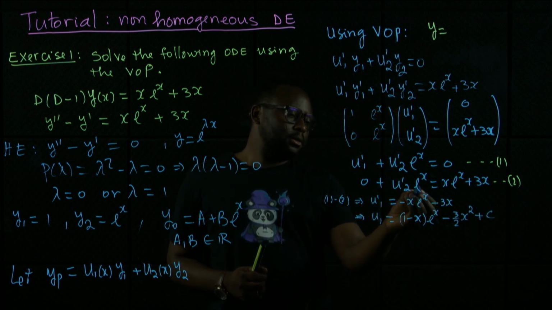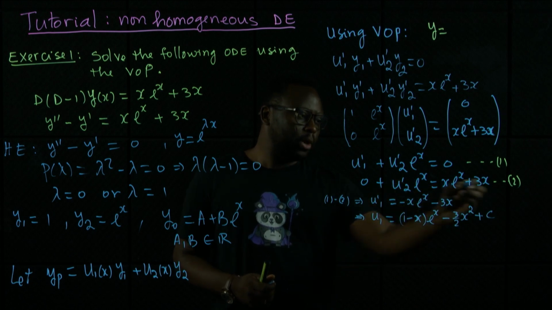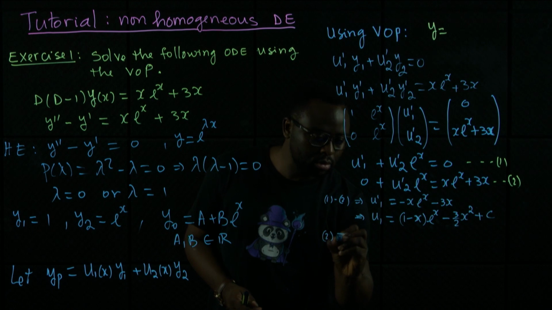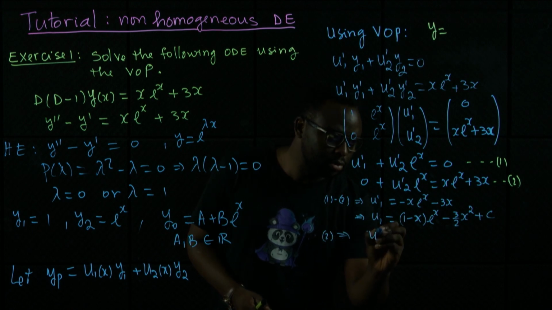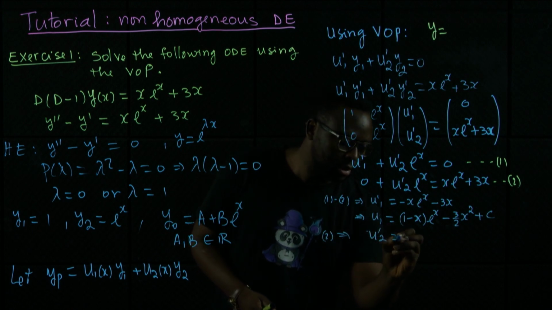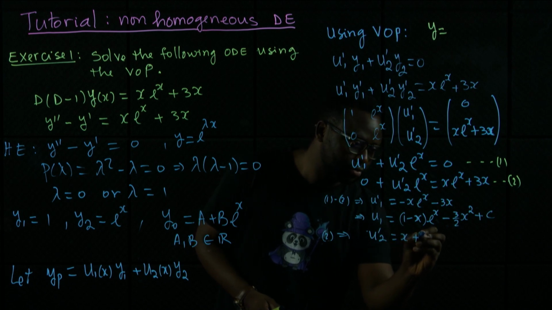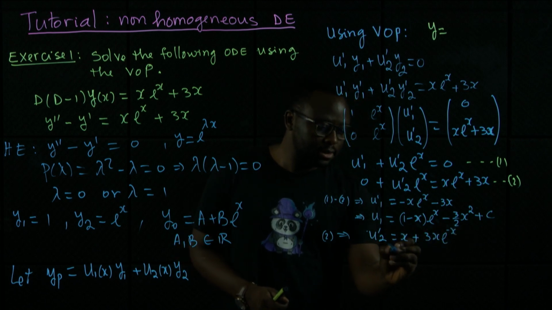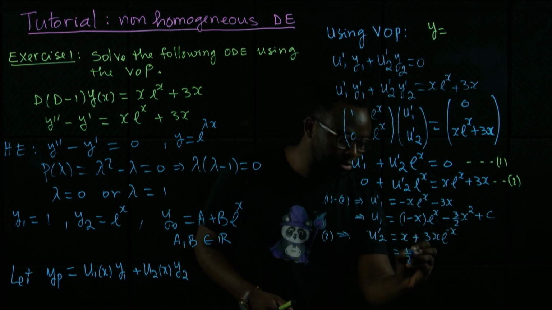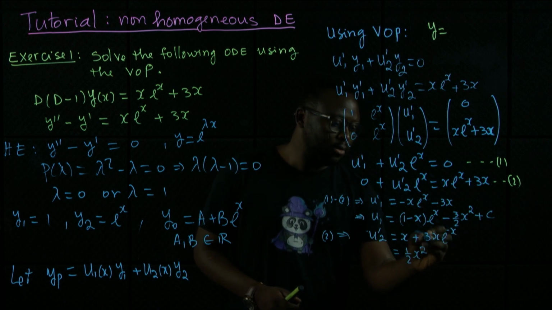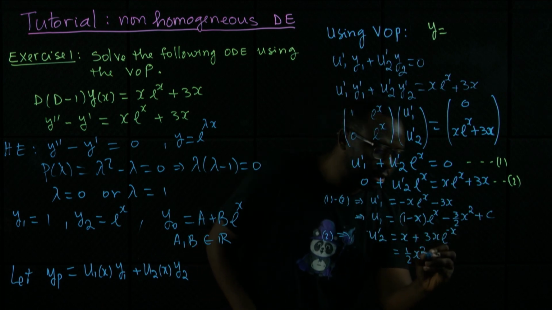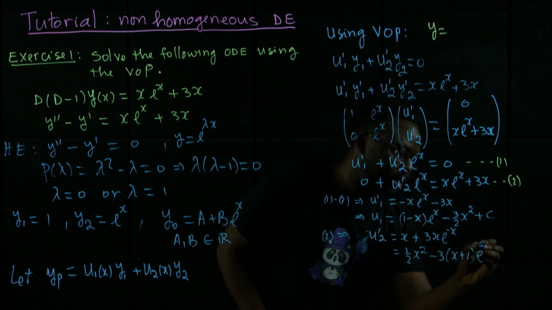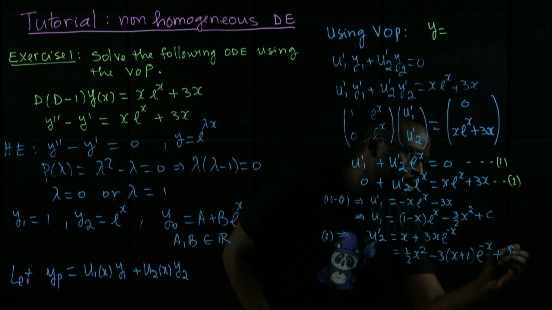For the second one, equation 2, we multiply equation 2 by e to the power minus x. So this gives u'2 is equal to x plus 3x times e to the power minus x. If you integrate this, the first term is just 1 over 2 x squared. For the second one, we do the integration by parts and obtain minus 3 times x plus 1 times e to the power minus x plus d, the constant d.